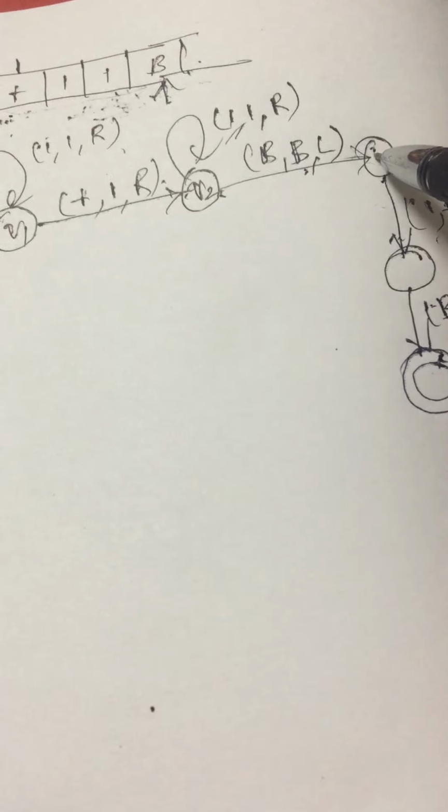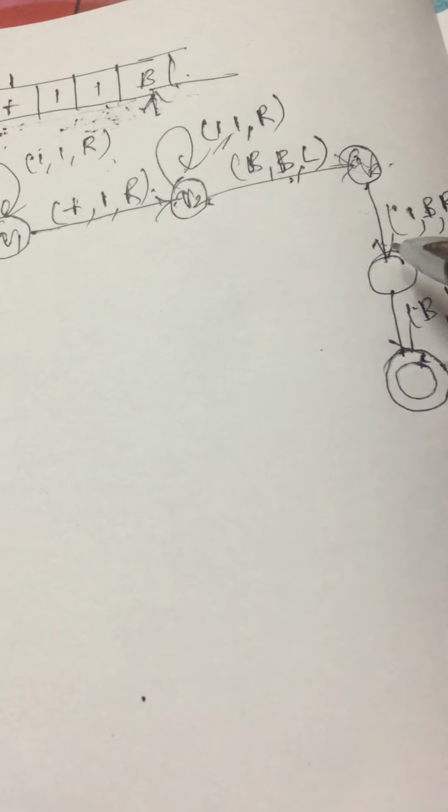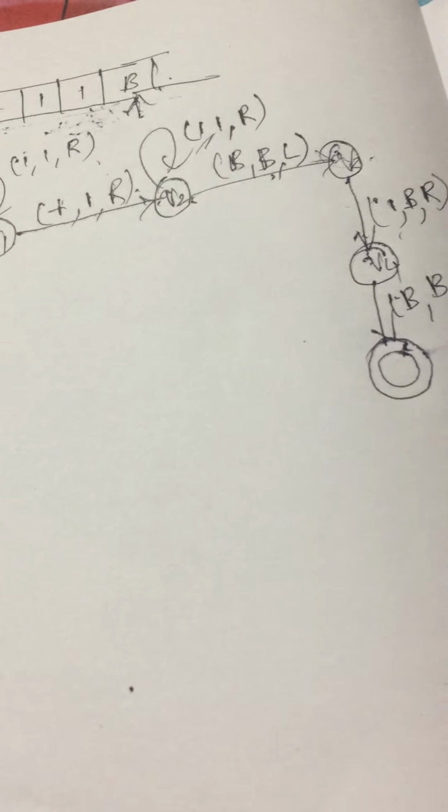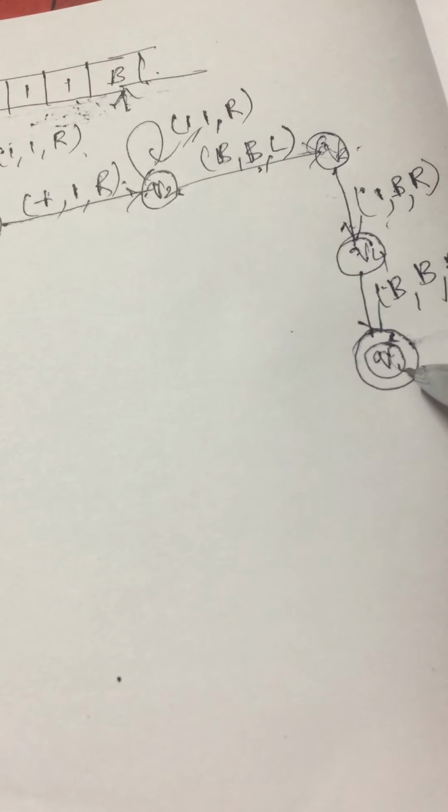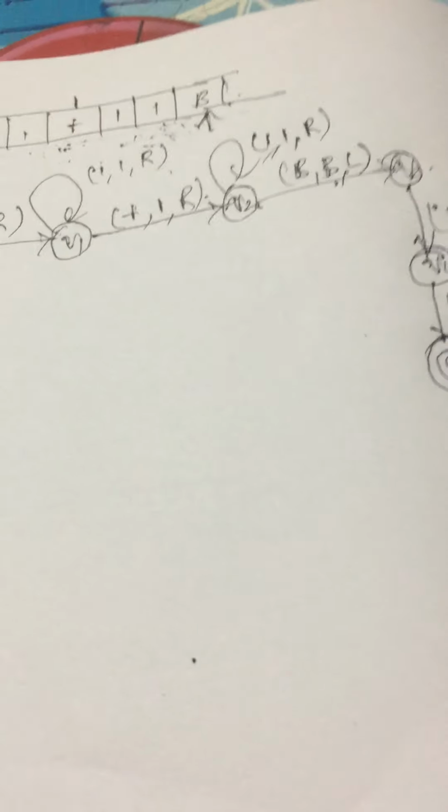Q0 will be the initial state, Q1 will be next, then Q2, Q3, Q4, Q5. So this is how we are going to draw the Turing machine for the example of addition of two unary numbers, 3 plus 2. I hope you have understood. Thank you.